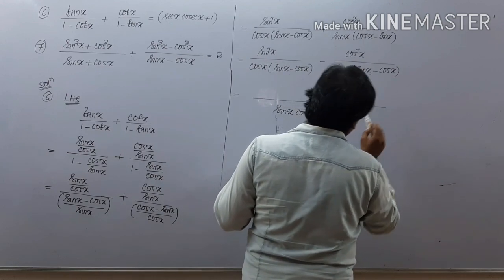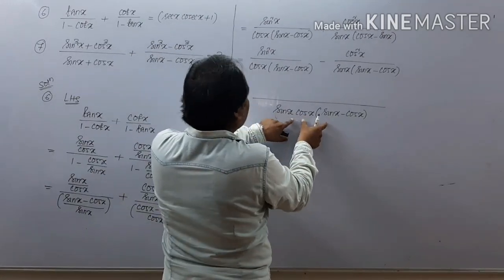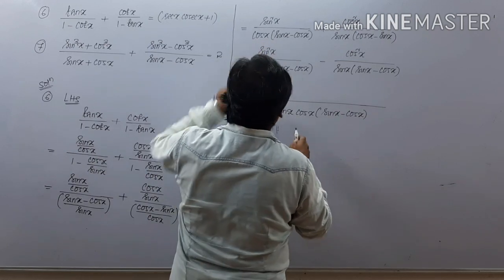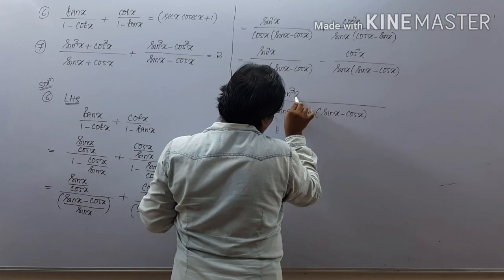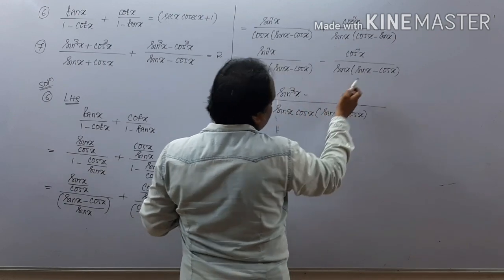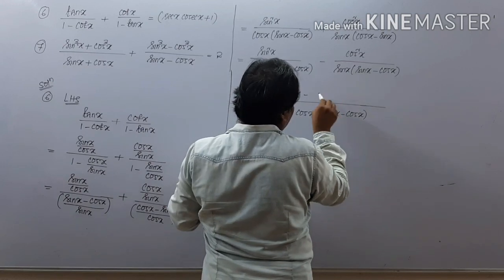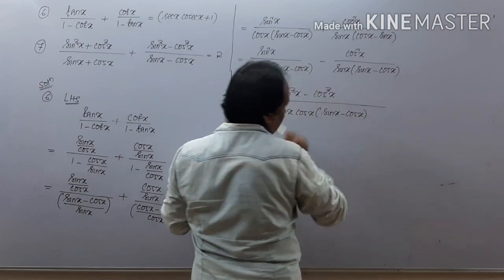So this is our LCM, right? So clearly we will divide this particular term by this one. So what is remaining? Sin x, and that sin x will multiply here. So clearly this will be sin cube x minus, clearly we will divide this particular term with this one. So what is remaining? Cos. So this will be cos cube x, right?